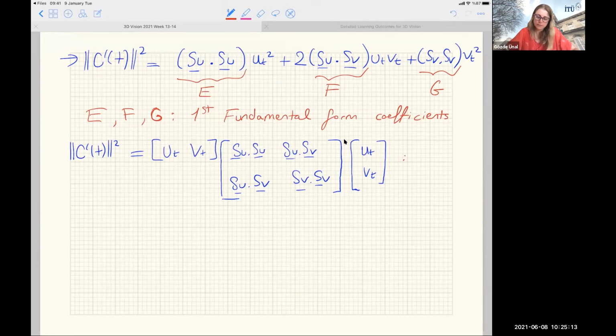So this is a quadratic form. This matrix is sometimes called, for short, I, because it's the first fundamental form, in Roman numeral I, guys, at point P. So it's really the first fundamental form.